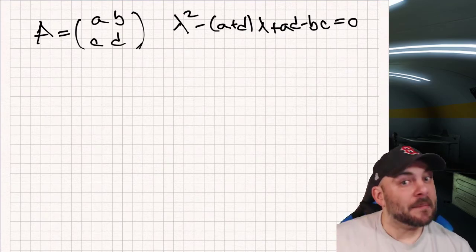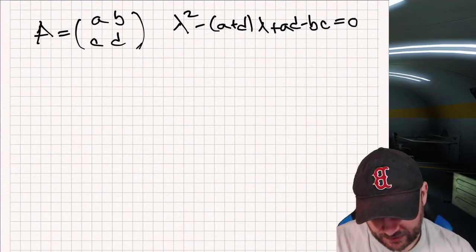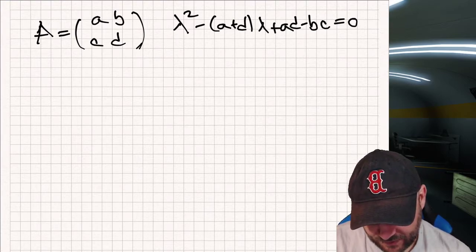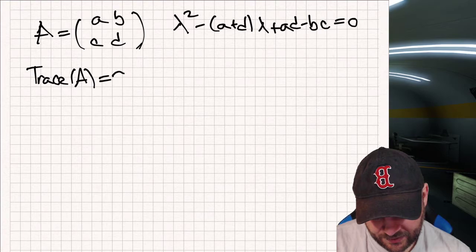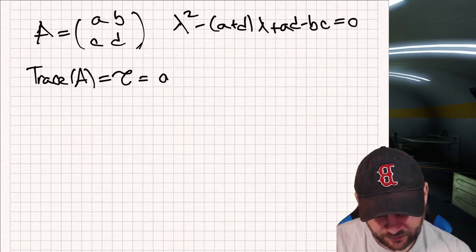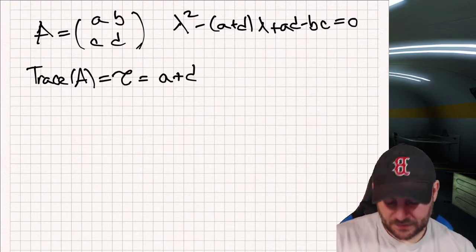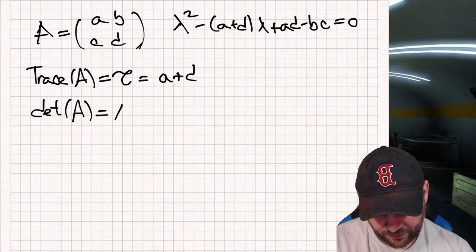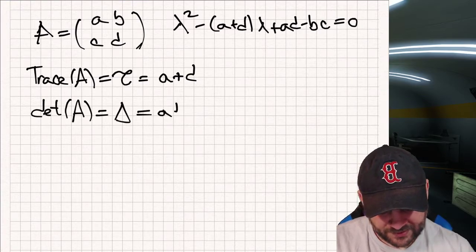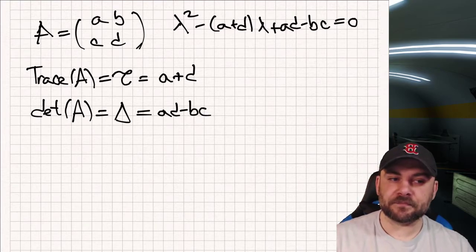Now we also know, because I've written it down a bunch of times, if we define the trace of A to be tau, that is equivalent to A plus D. And the determinant of A, if we call that capital delta, why, that's AD minus BC.